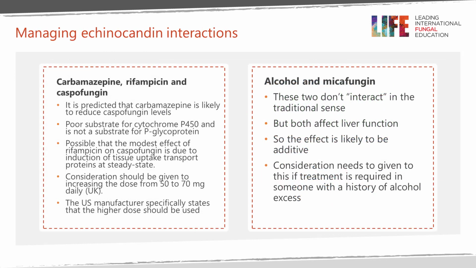I'm going to talk a little bit about how to manage interactions with echinocandins. We don't get very many severe interactions, but there are some that perhaps you may need to look out for. So echinocandins with carbamazepine and rifampicin: what we can see is carbamazepine is likely to reduce caspofungin levels. Even though it's a poor substrate for cytochrome P450 and not really a substrate for P-glycoproteins, it is possible that the modest effect of rifampicin on caspofungin is due to the induction of tissue uptake transport proteins at steady state.